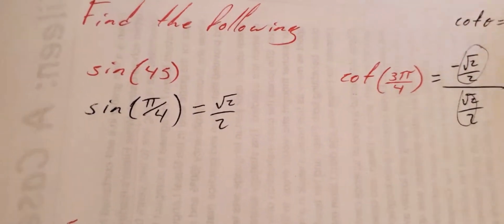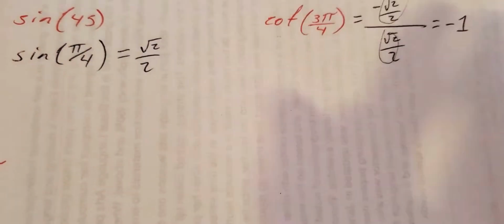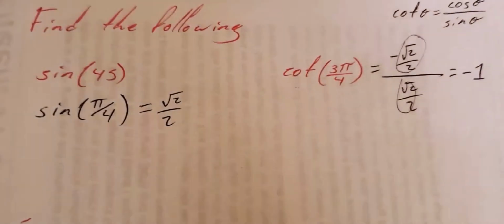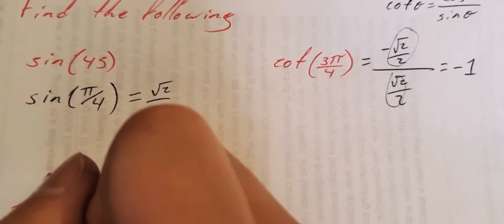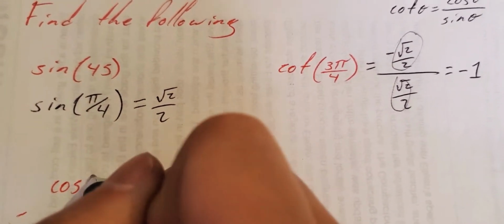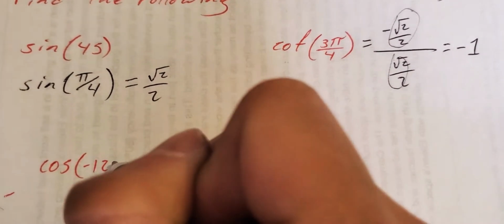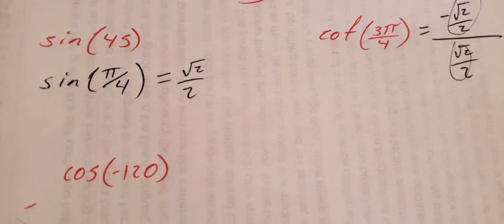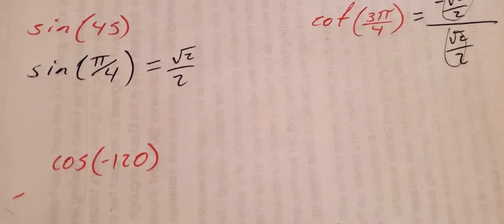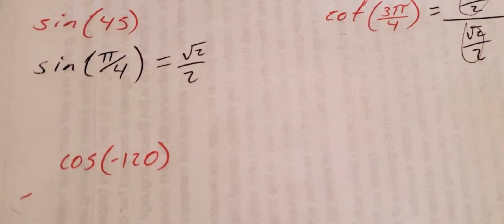Now the next ones we're going to be doing are the ones where we have negative radians or negative angles. The next one to do is cosine of negative 120 degrees. Again, I told you I don't like working with degrees. I prefer radians. So I'm going to convert this 120 into radians.